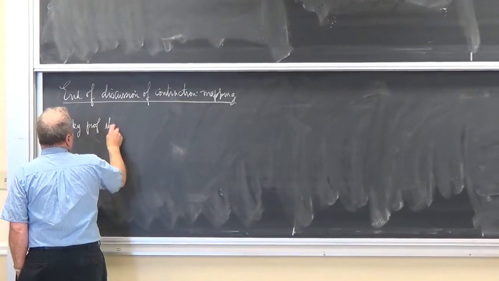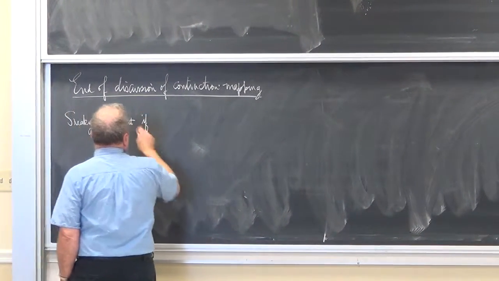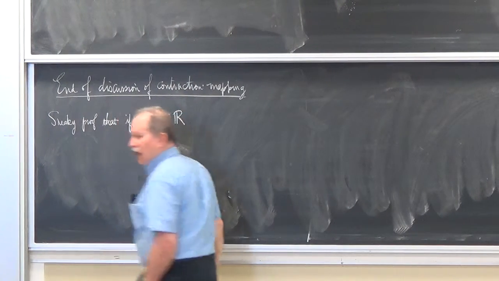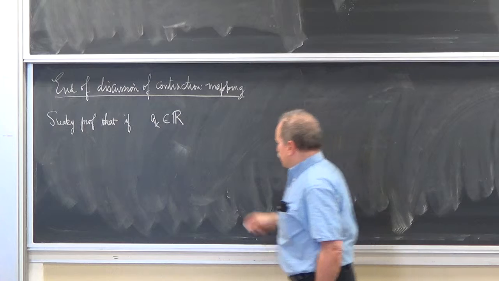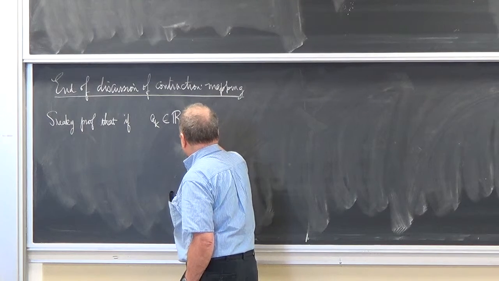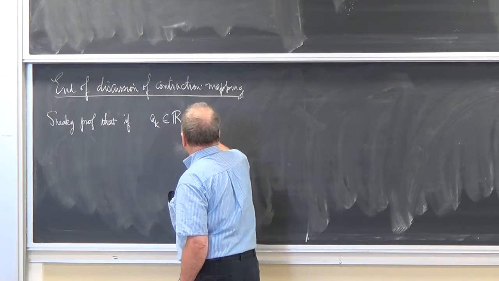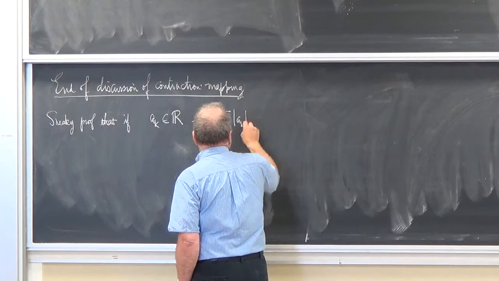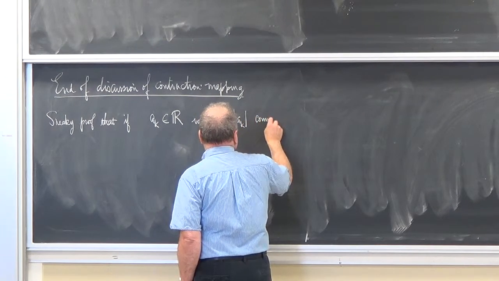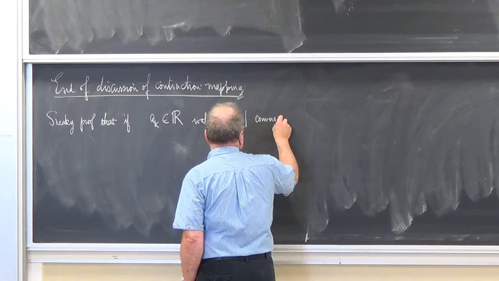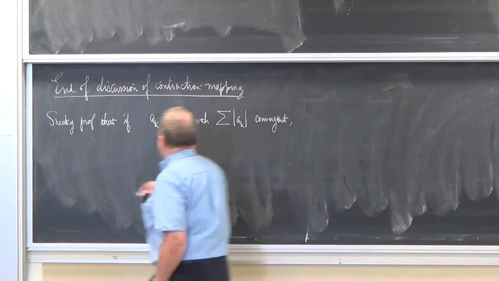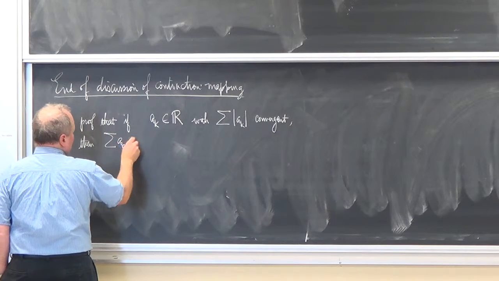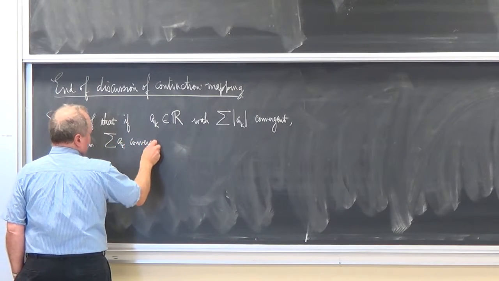that if you have a sequence of real numbers, not vectors, just real numbers, a sequence of real numbers with the sum of the absolute values converging as an infinite series, then the series itself must converge.